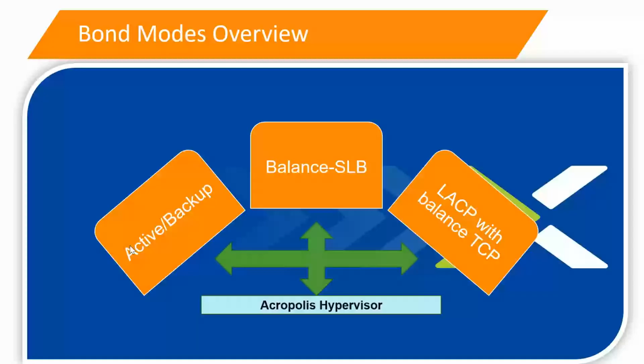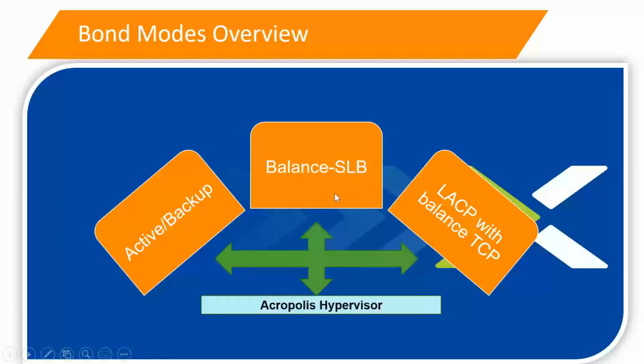But generally, we get questions on these three, so they will ask you to differentiate these three methods, and to talk about advantages and disadvantages. Active backup, you can say the advantage is it's very simple. No extra investment required, no extra configuration required, it is the default configuration. But the disadvantage is we can only get 10 GB throughput, at VM level and host level also 10 GB throughput.